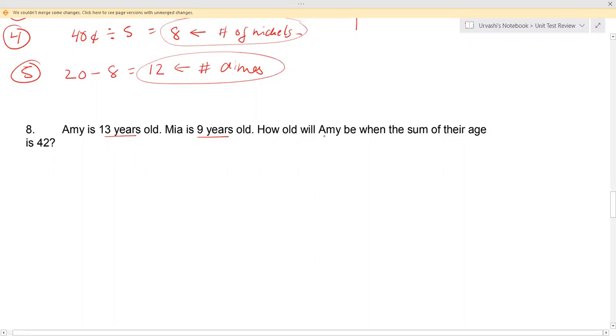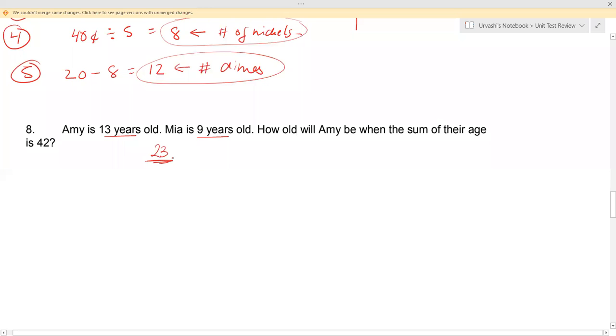Amy is 13, Mia is 9. How old will Amy be when the sum of their ages is 42? Who got this question right? I got it wrong. The answer should be 23.